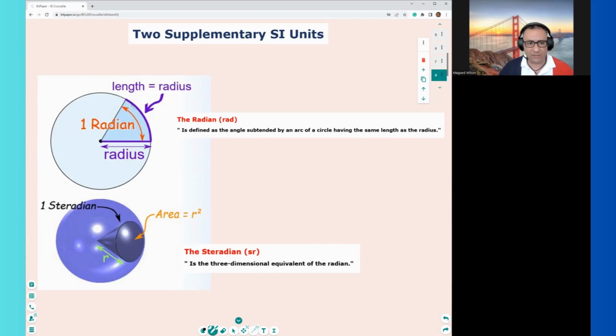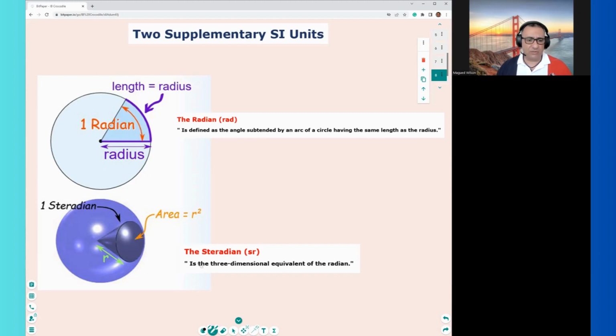So basically, the length of this arc is equal to the length of that radius. This is the definition of the radian. I believe it's about 57 degrees. This is the one that you're going to meet for sure in circular motion and other topics.